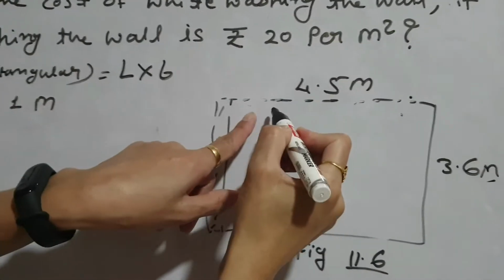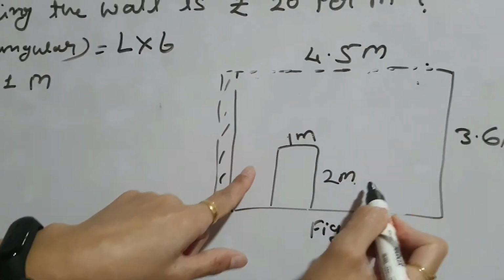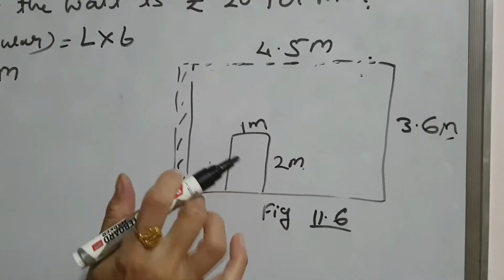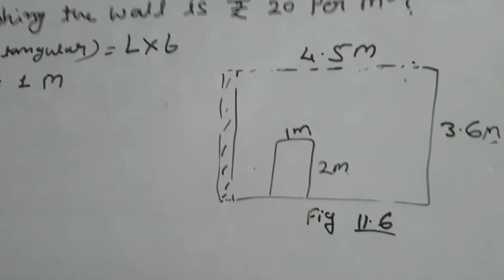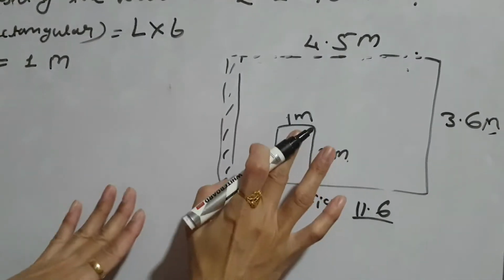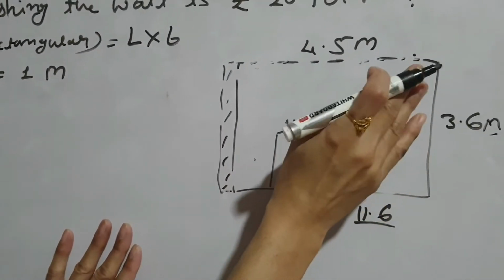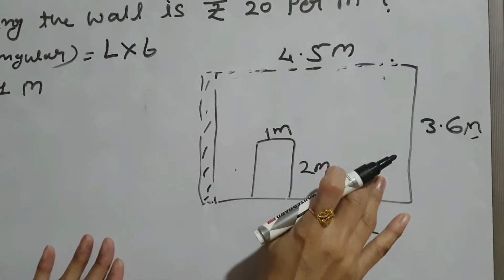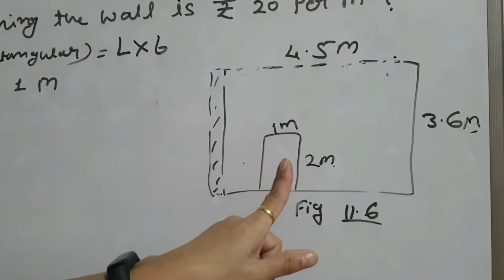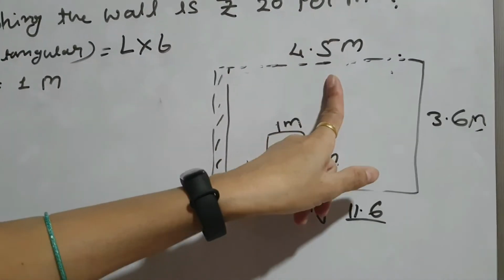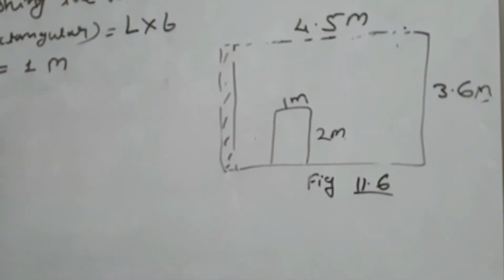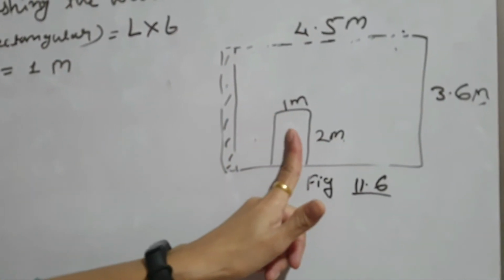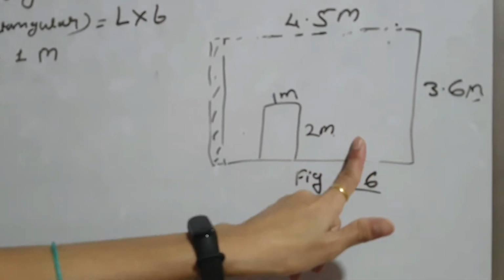So we have to find the area of this wall, but the door is also included and we have to ignore the door area. So we will find out the area of the door and the area of the wall. Then the area of the door will be subtracted from the wall area.